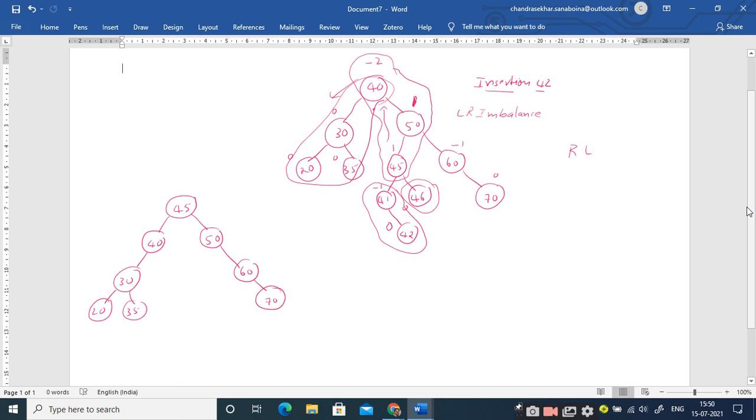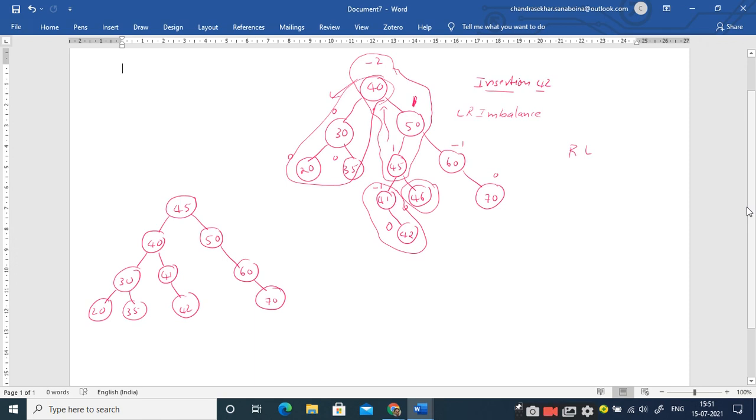Now I have to adjust these two subtrees of 45. According to the formula which we have discussed earlier, the left child should go to which one? 40. It should go as the right child of 40. You just take this and attach here. That's it. Now what happens to the right child of 45?